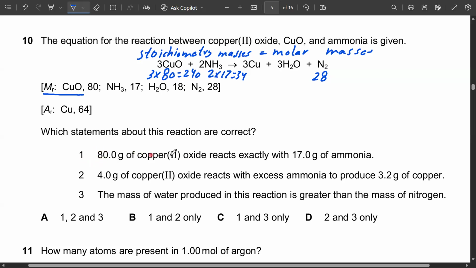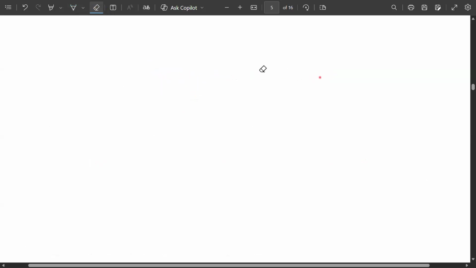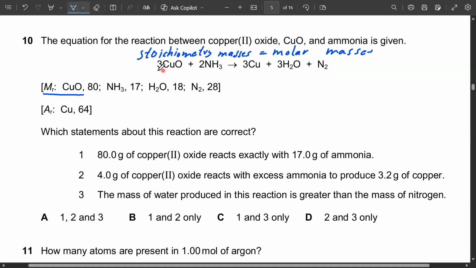It says 80 gram of copper oxide reacts exactly with 17 gram of ammonia. So 80 gram of copper oxide, if you do not consider 3 moles of the CuO reactant, then yes, that is correct.